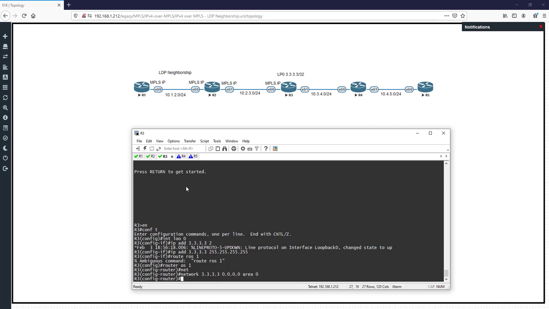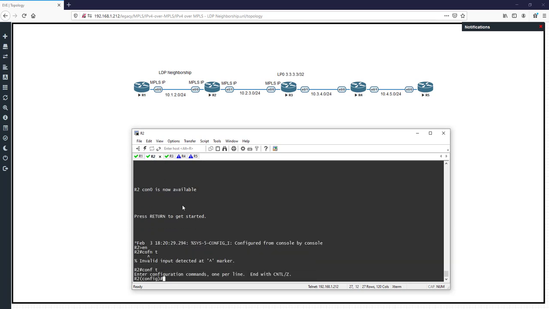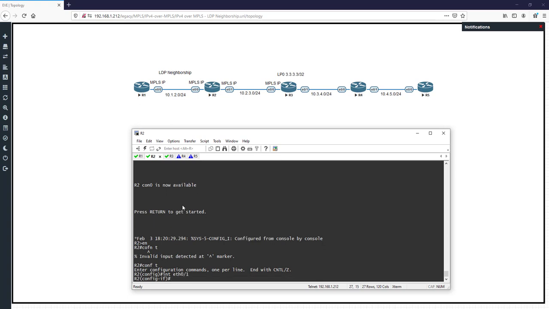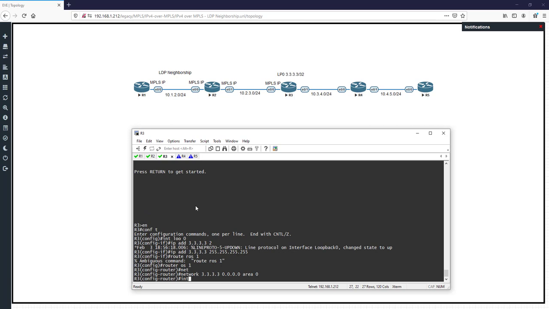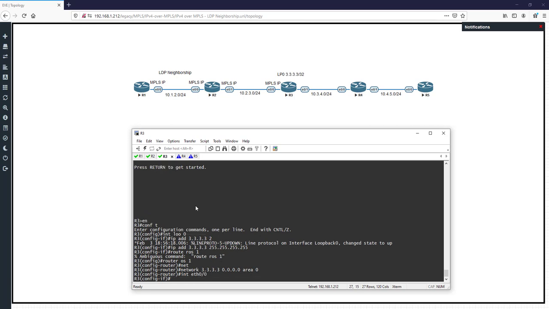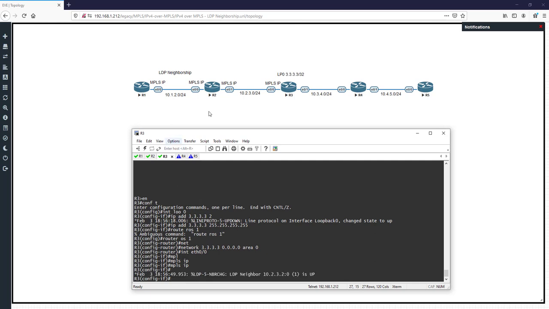Okay, now I want to configure MPLS on R2: configure terminal, interface Ethernet 0/1, mpls ip. And again in R3, interface Ethernet 0/0, mpls ip. Look at here, the neighborship between R2 and R3 is now established.